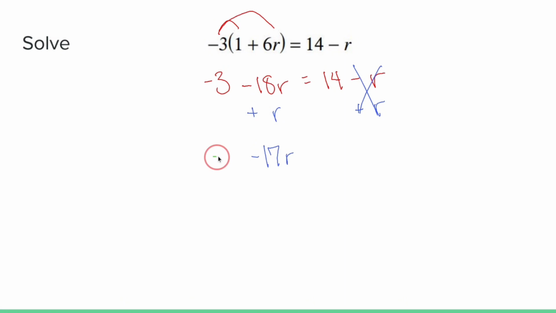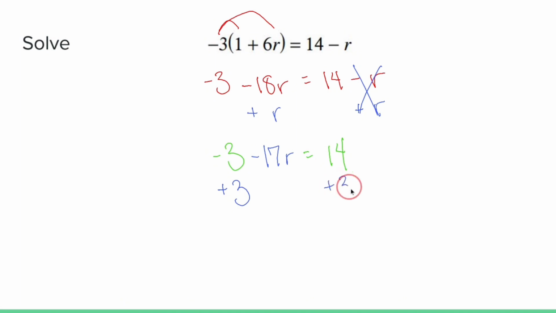Everything else just comes along for the ride. Negative 3 drops down, equals drops down, 14 drops down, and now it's just a two-step equation. Let's get rid of the constant, the number that's floating around first, by doing the inverse operation, which is plus 3 to both sides.